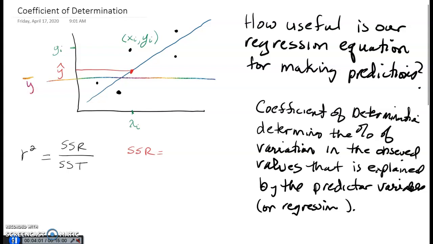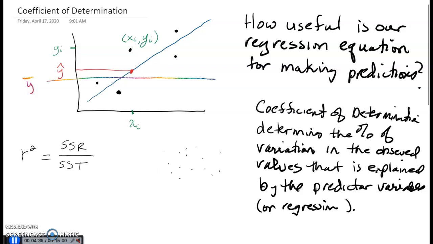Let's suppose we had a regression equation that really showed no linear regression. If there's no linear regression, then our point estimate literally just becomes our mean. So y bar represents where our points would average if there was no regression.